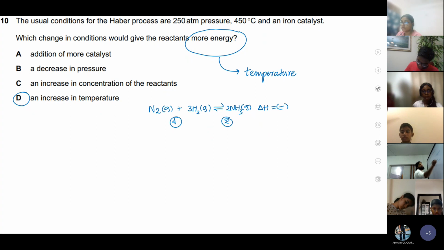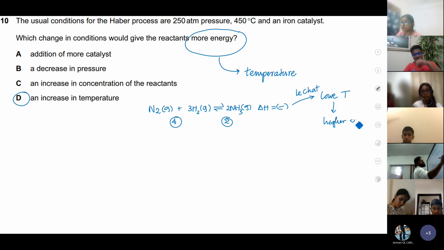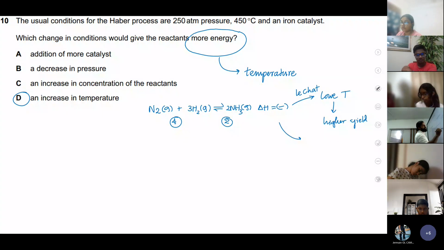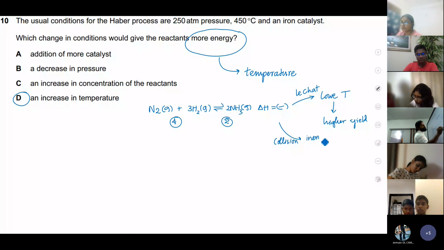Le Chatelier says lower temperature for higher yield. And collision theory says increased temperature for a faster reaction.